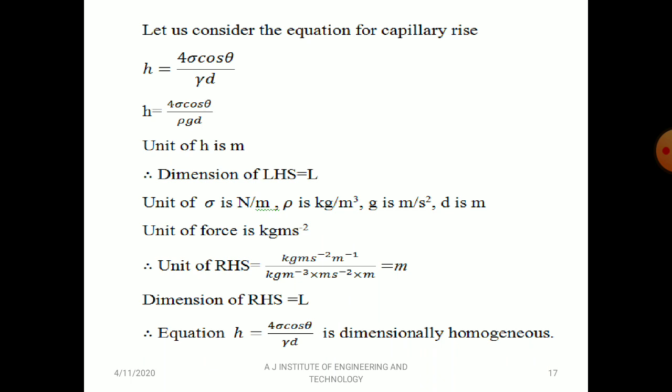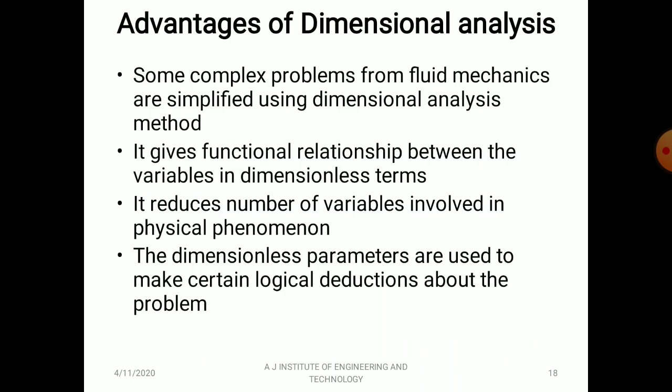So kg per meter cube, meter per second square into meter, that gives dimension meter. Therefore dimension of RHS equal to L. So the equation H equal to 4 sigma cos theta divided by gamma d is dimensionally homogeneous, as LHS equals RHS dimension.